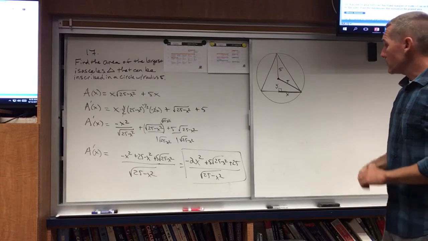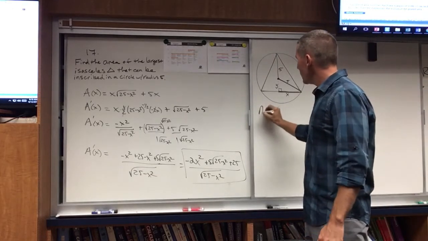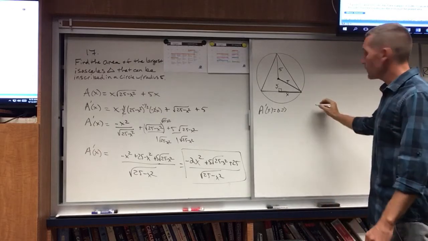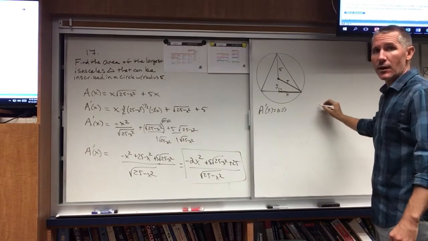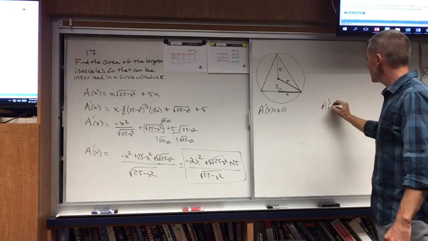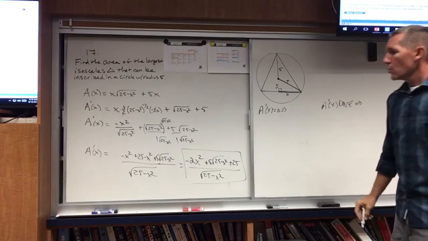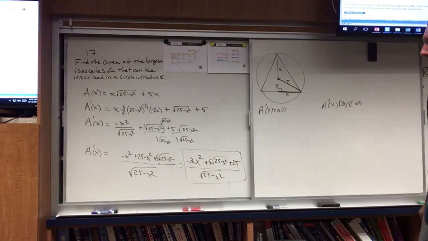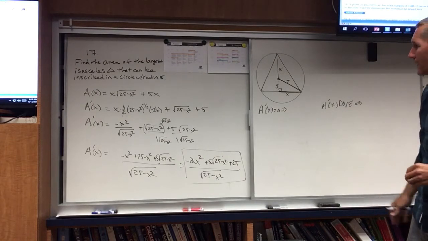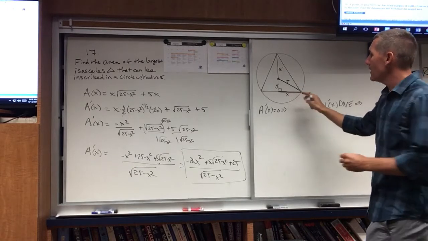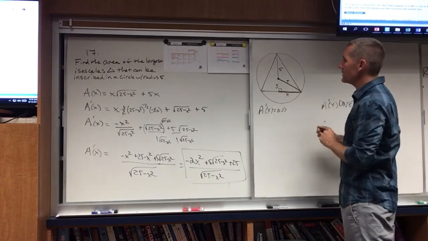And I'm going to set a prime of x equal to 0. And then see where a prime of x does not exist. Well, a prime of x does not exist when the denominator is equal to 0, so when x is equal to plus or minus 5. But again, it doesn't make sense for x to be greater than 5 because that's the radius of this circle.